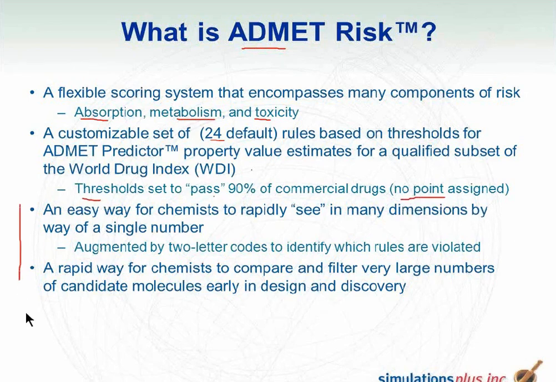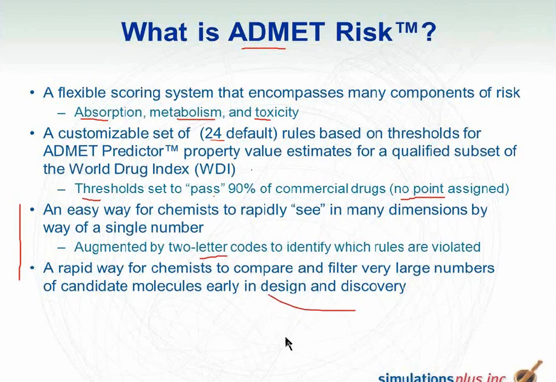So it's an easy way for a chemist to rapidly measure the compound in many dimensions with a single number. Each one of the risks are augmented by 2-letter codes to identify which rules are violated. And this can be used in early design and discovery in order to filter large candidates of molecules.